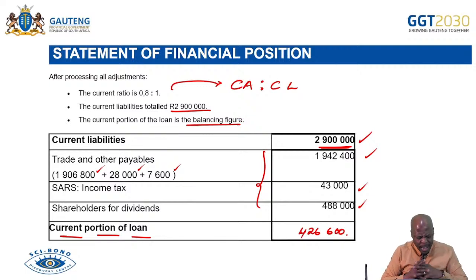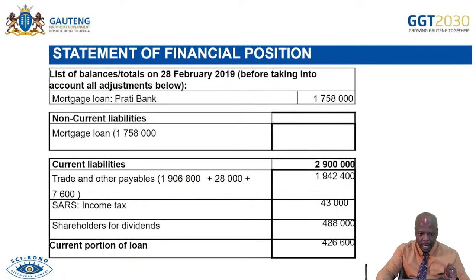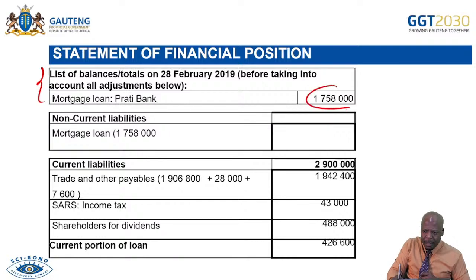Now, let's see if we're able to record this in the face of our statement of financial position. All right, so we can come here and we can now say, from the list of balances we're given the loan, which was 1,758,000, there it is.